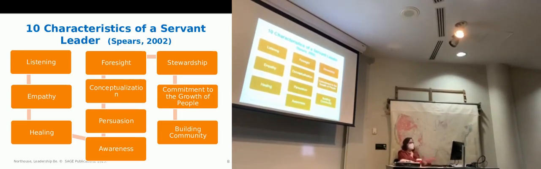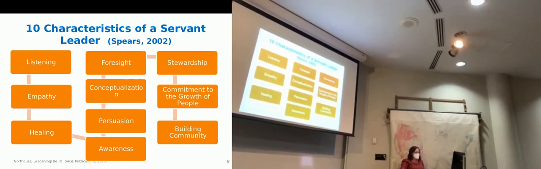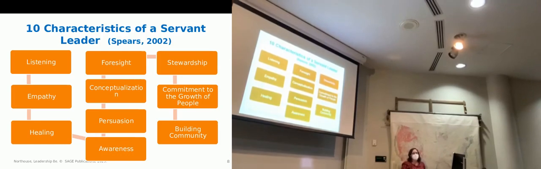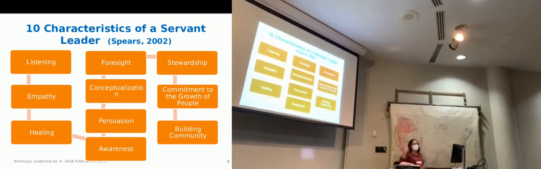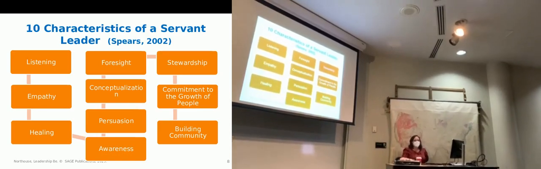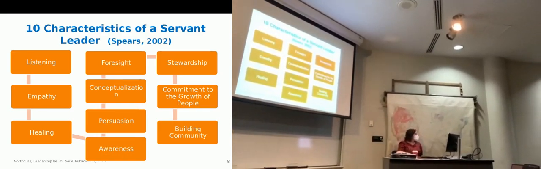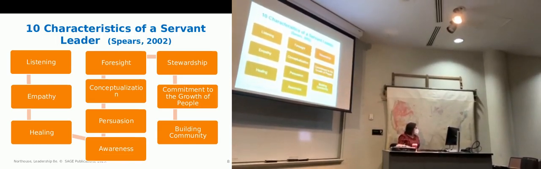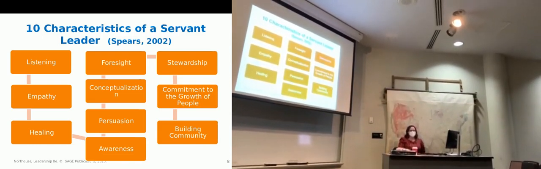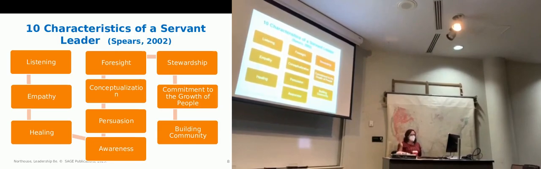And then interesting, this idea of commitment to the growth of people or building community. That second line says, be the one that's there on a camel's back. When we use that phrase, like the straw broke, what are we typically saying is happening? It's like, what broke the camel's back, the last worst thing that could happen.